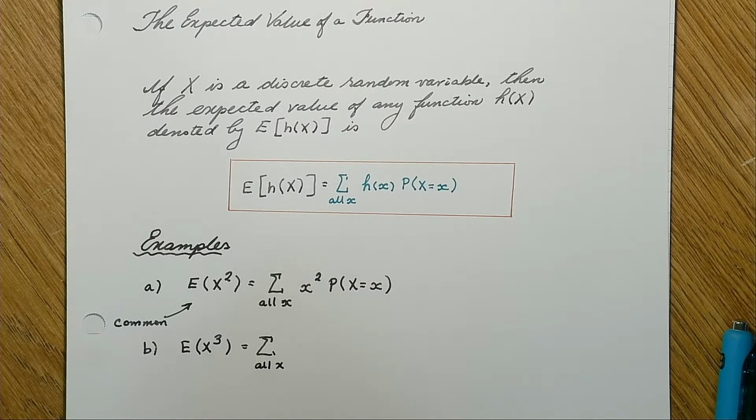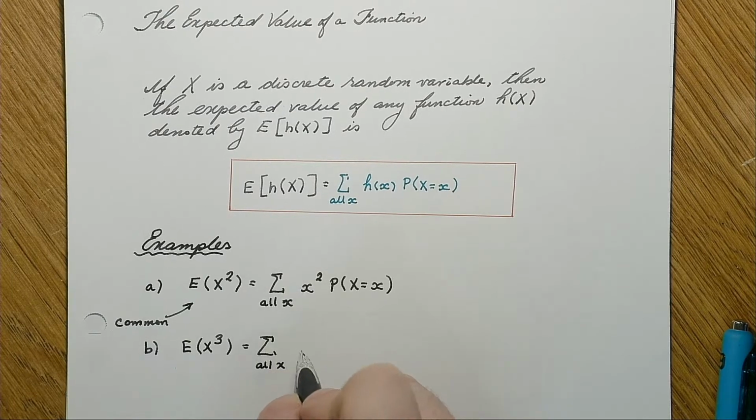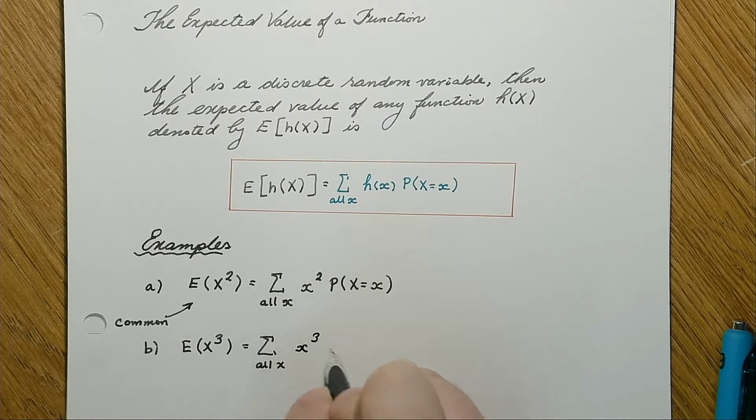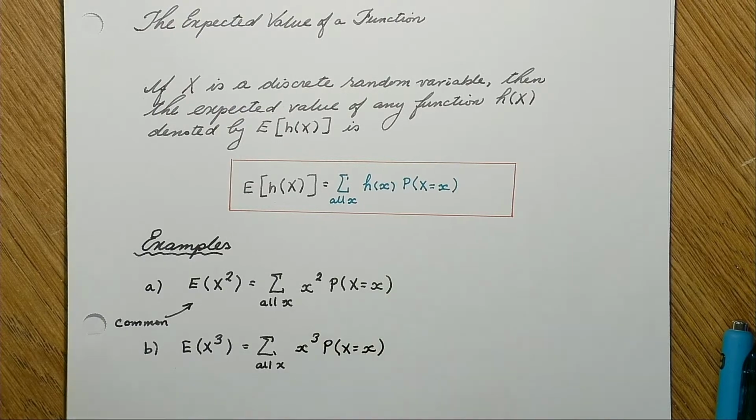Exactly. Yeah, it's because in this case our function is the cube function, so it's going to be x cubed times its associated probability. Nice.